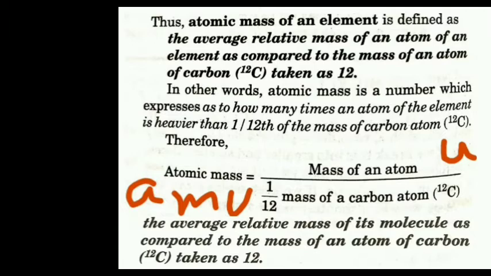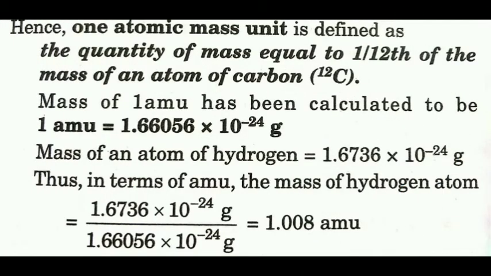Or in other words, one atomic mass unit is defined as the quantity of mass equal to 1/12th of the mass of an atom of carbon 12C. The mass of 1 AMU has been calculated, and it is found that 1 AMU is equal to 1.66056 × 10^-24 grams. So you have to remember this value.